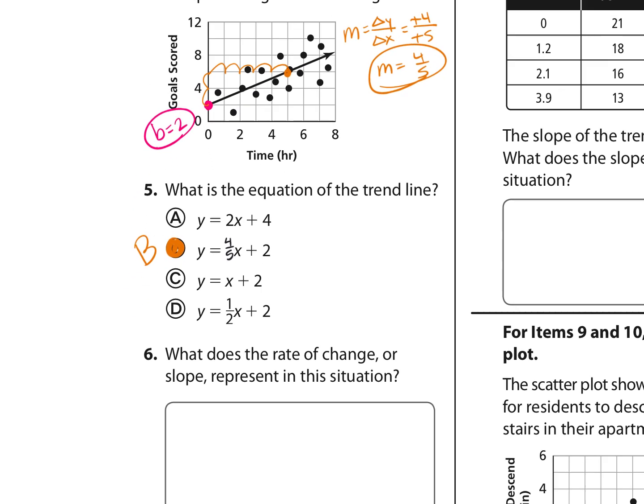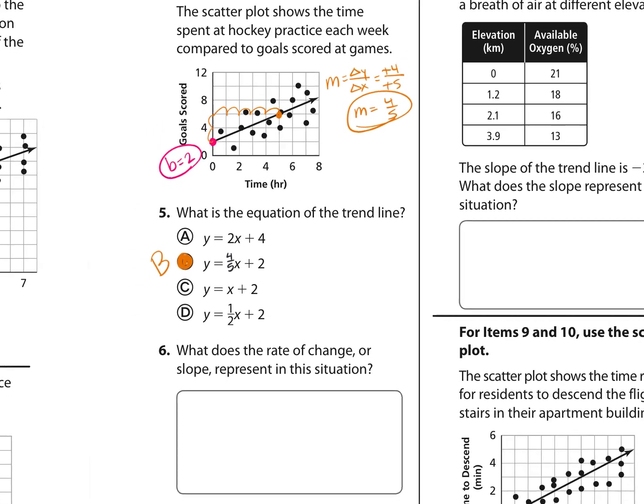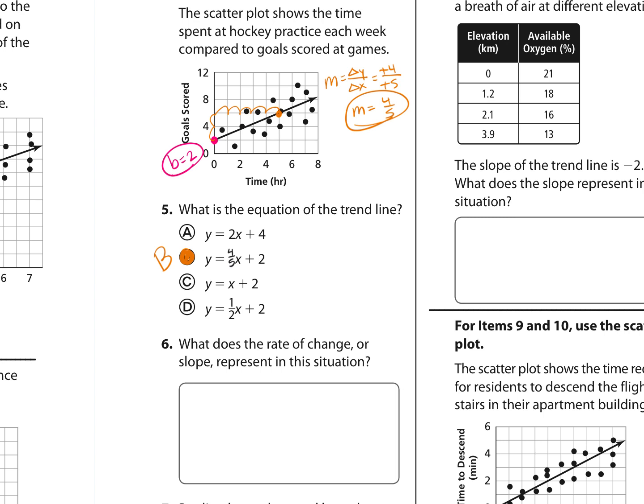Number 6, what does the rate of change or slope represent in this situation? Well, we know that slope m is change of y divided by the change of x. In that case, y is goals scored over x, which is hours.